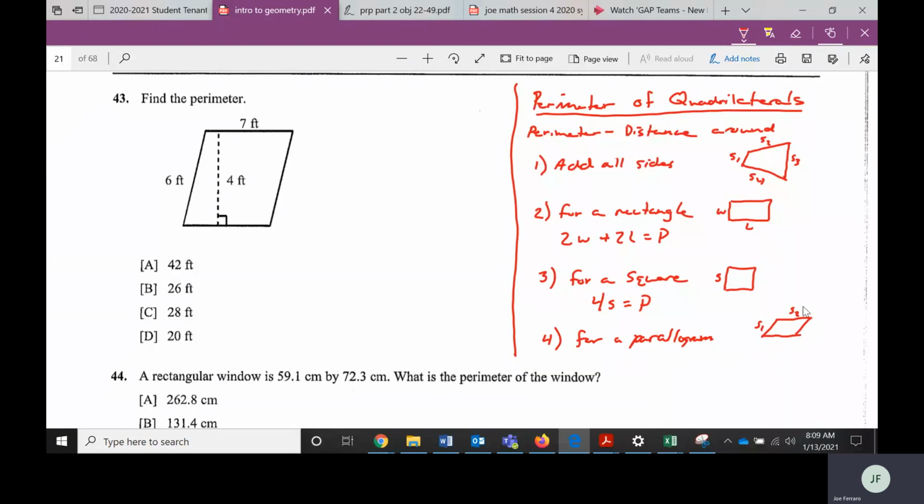So side 1 would be the same over here, and side 2 would be there. You can do the same as for a rectangle: 2 times side 1 plus 2 times side 2.